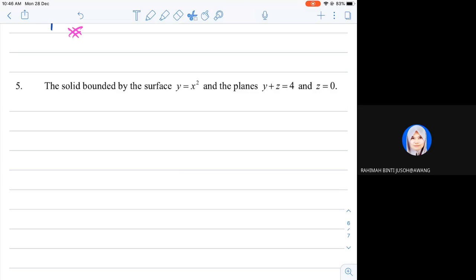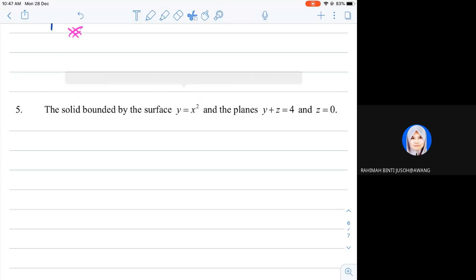Solid bounded by the surface y equals to x squared and the planes y plus z equals to 4 and z equals to 0. Okay, question number 5.